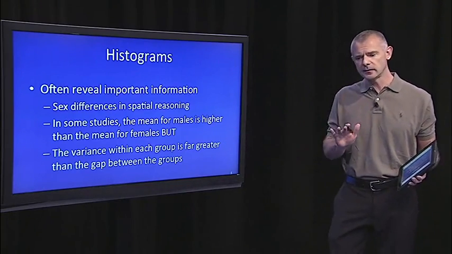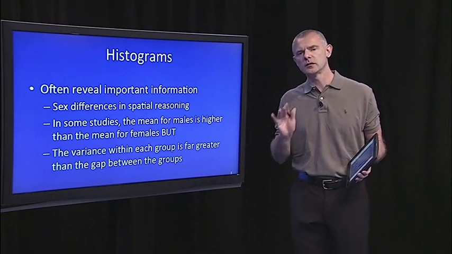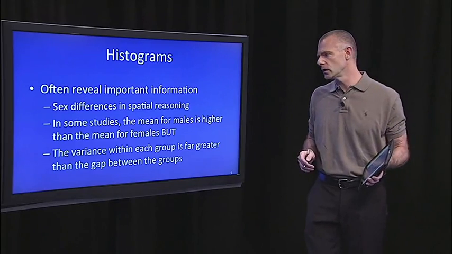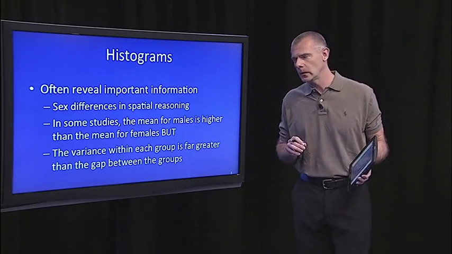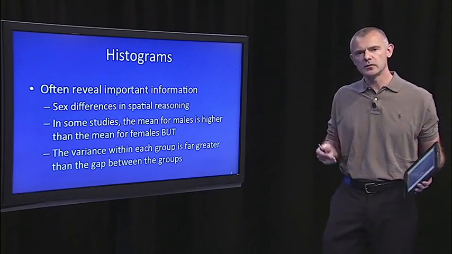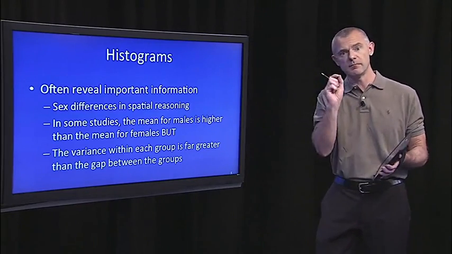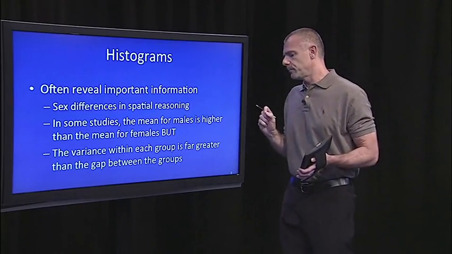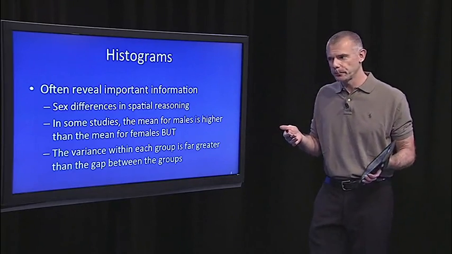This has been observed in some studies in the intelligence and cognitive psychology literatures, depending on the type of spatial reasoning task you administer. Sometimes, if you rely on the summary statistics, the mean for the men might be a little higher than the mean for the women.